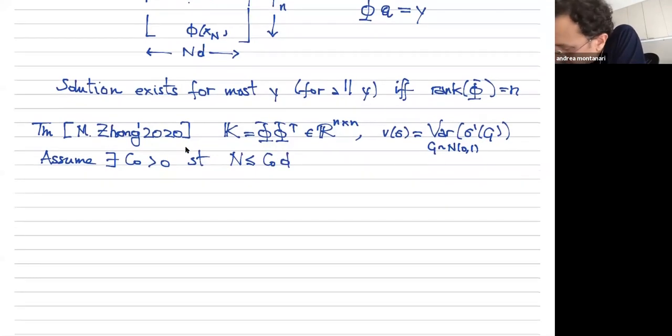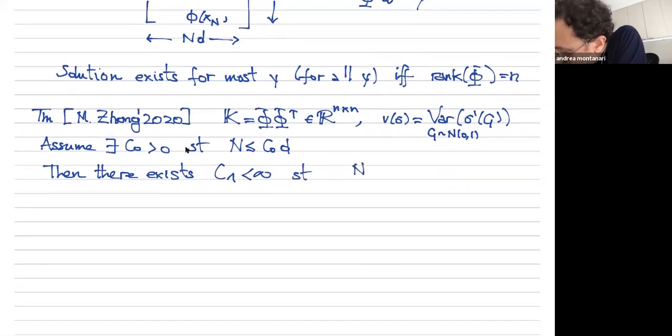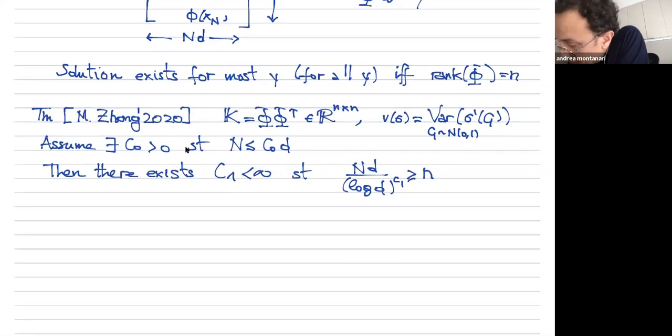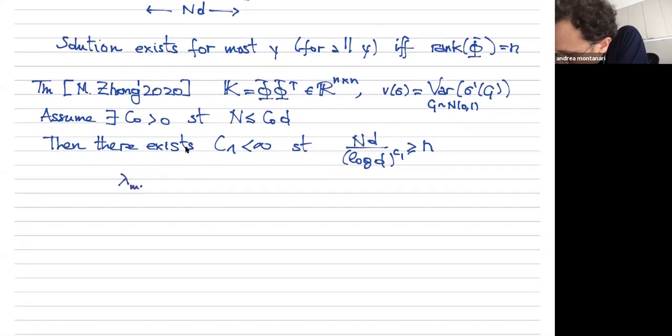And then there exists C1 finite such that if n d divided by (log n log d)^C1 is bigger than n, then lambda min of K is bigger or equal than b sigma, minus some small probability.